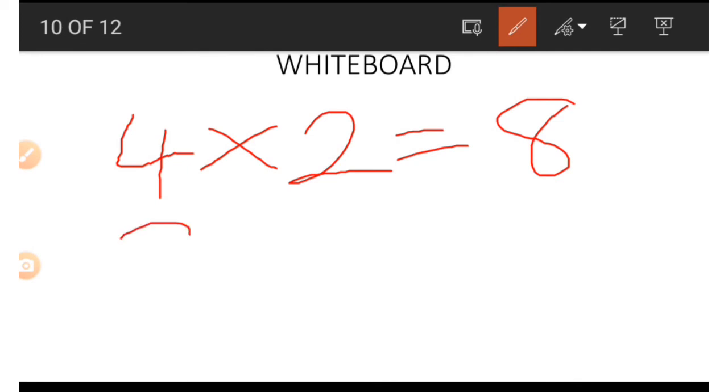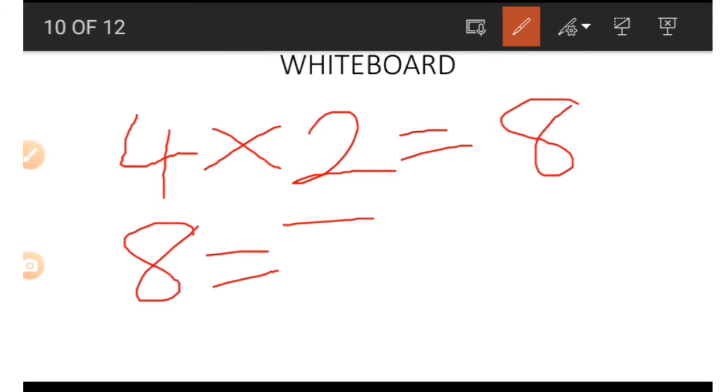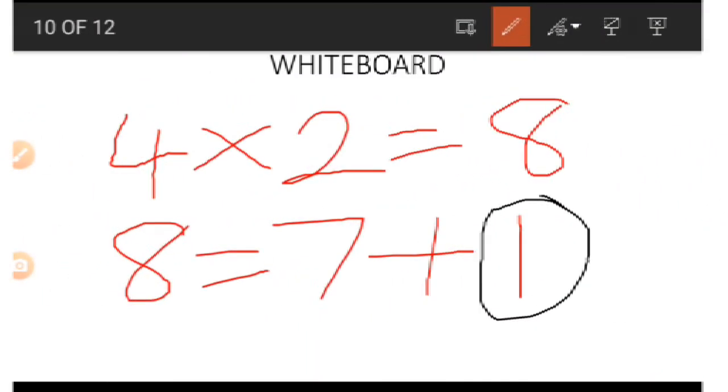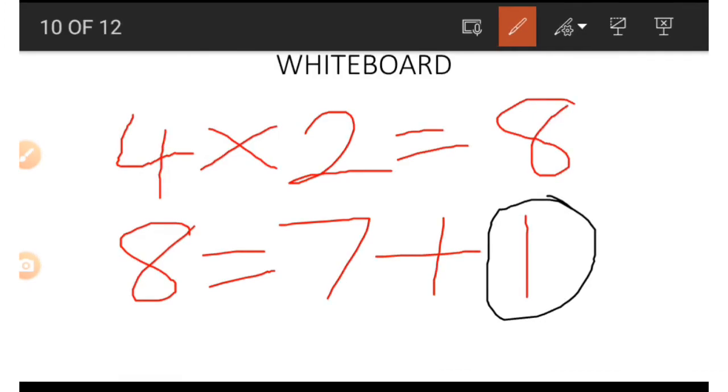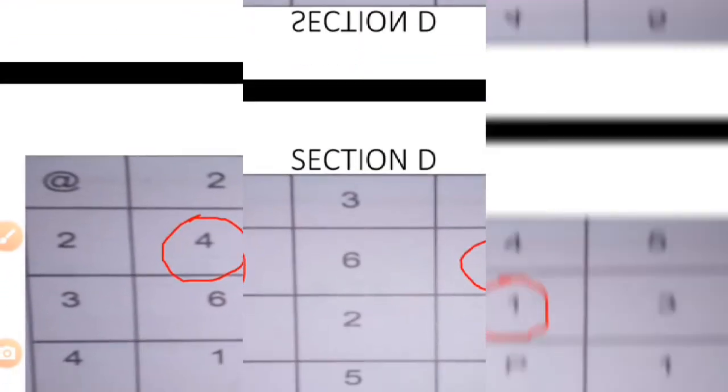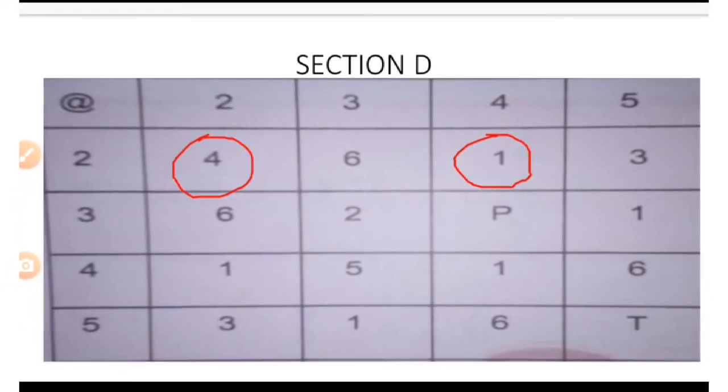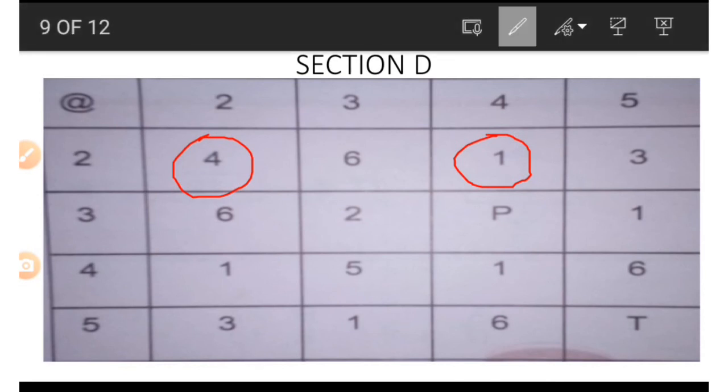Breaking it down in 7s, 8 is equal to 7 plus 1. That 1 is what is written down as the extra number, or the answer, in the modulo table.